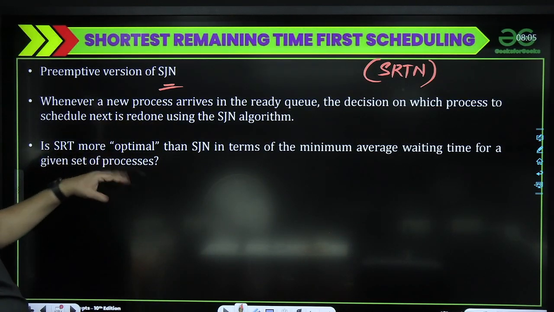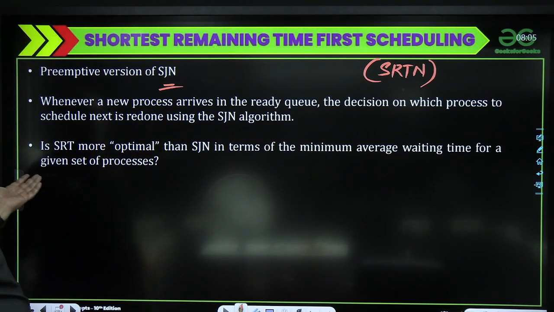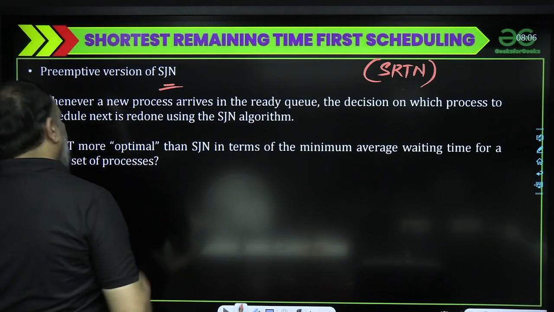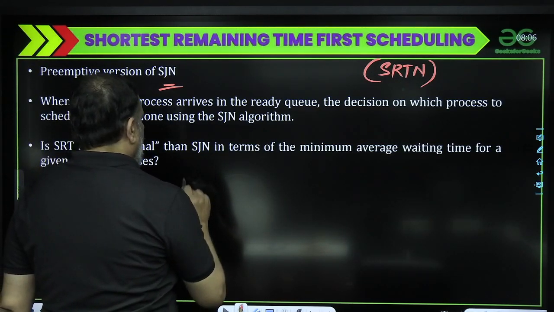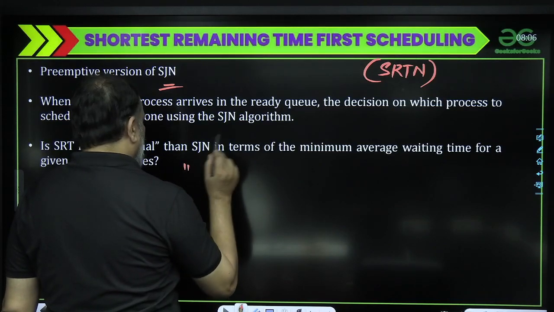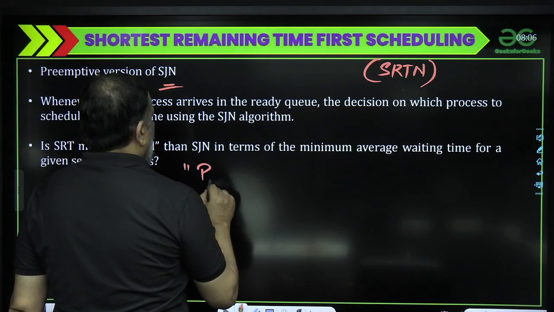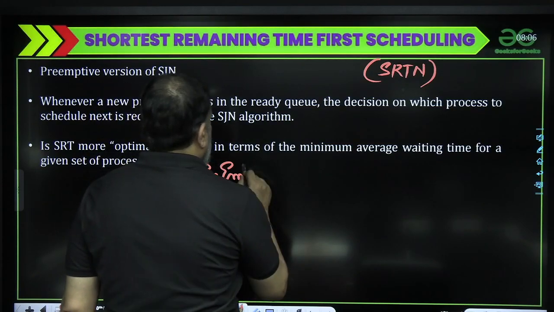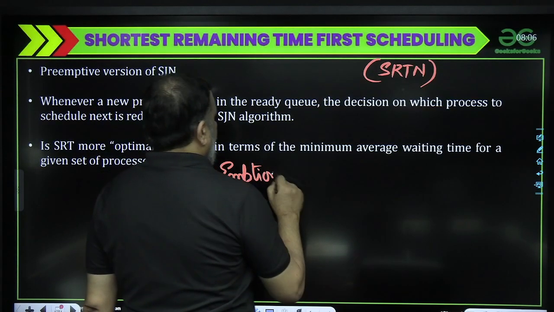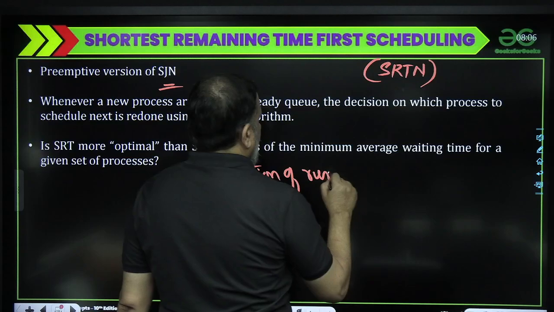Is SRT more optimal than SJF in terms of minimum average waiting time for a given set of processes? We have to analyze that. But let me tell you the working principle of shortest remaining time first, also called preemptive SJF: preemption of the running process.